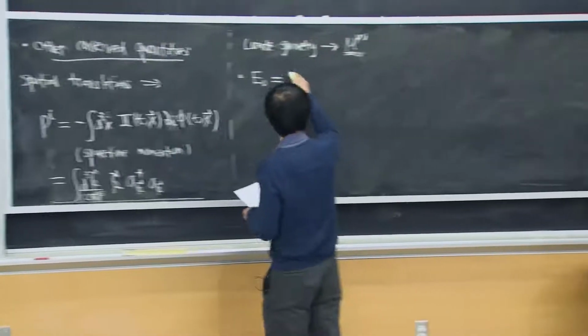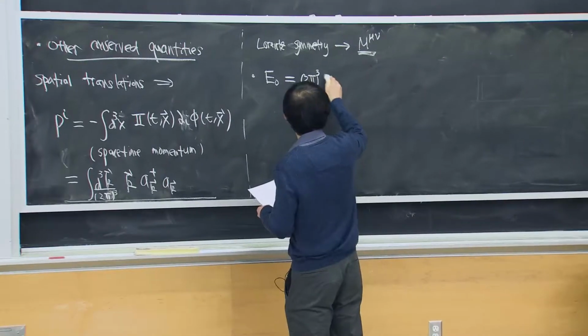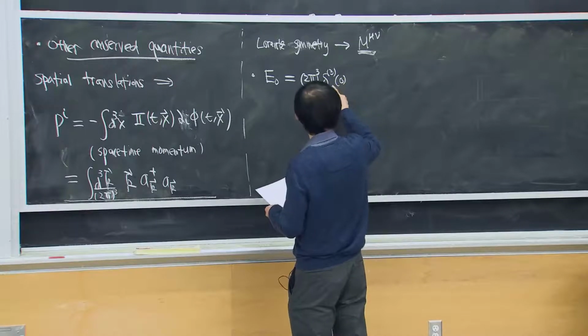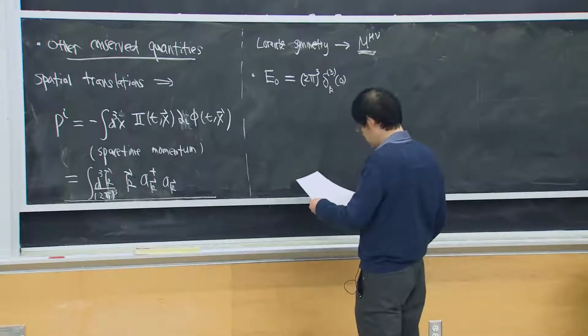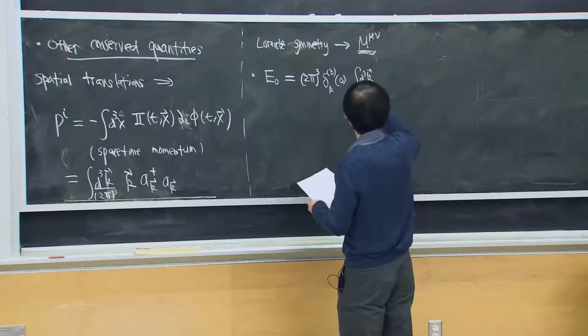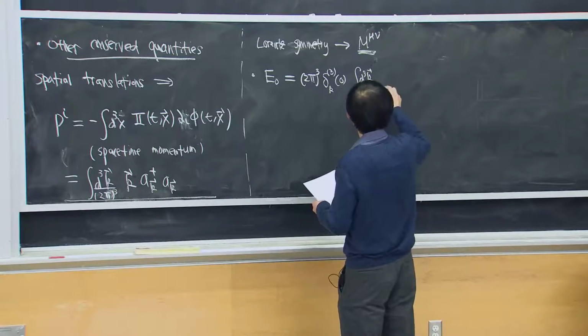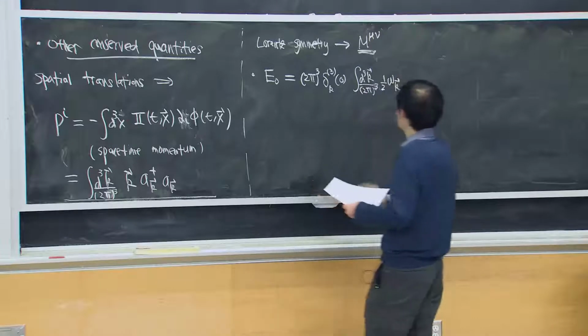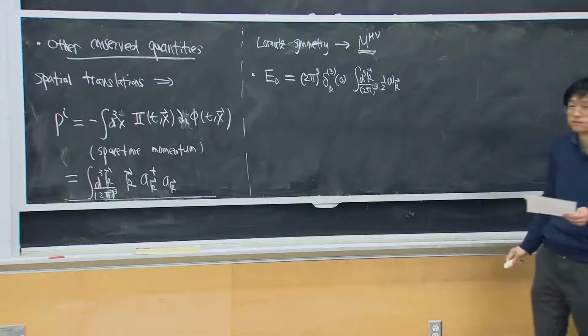So this is just (2π)^3 δ^3(0). Remember, this is a k-space delta function. And then you have d^3k. Okay, so that's the expression we get.